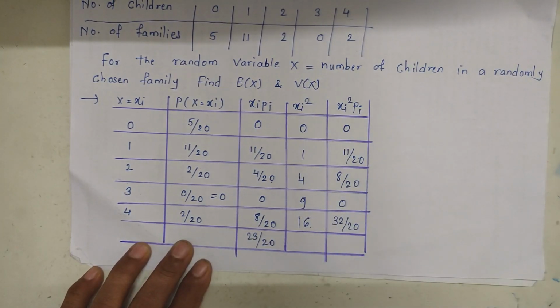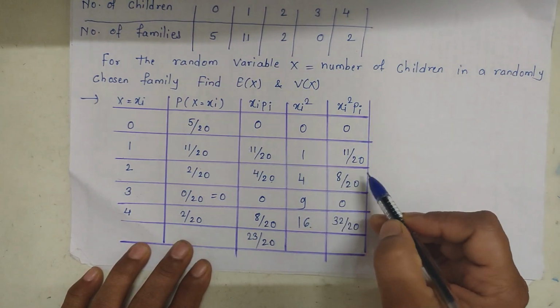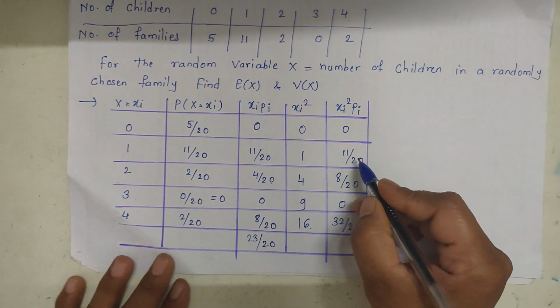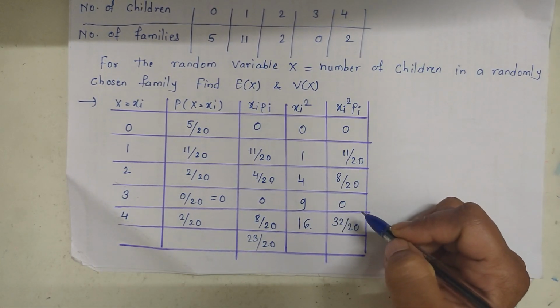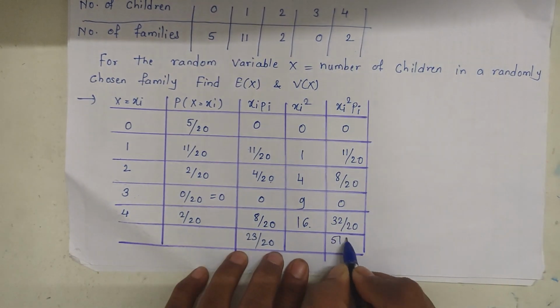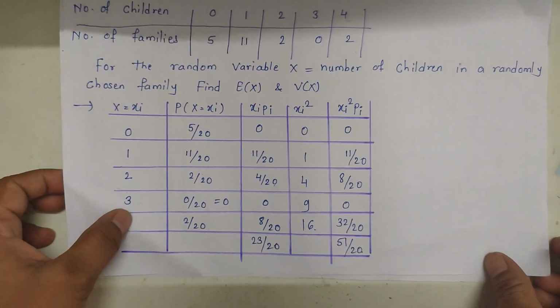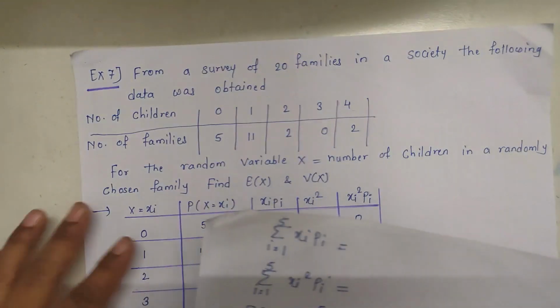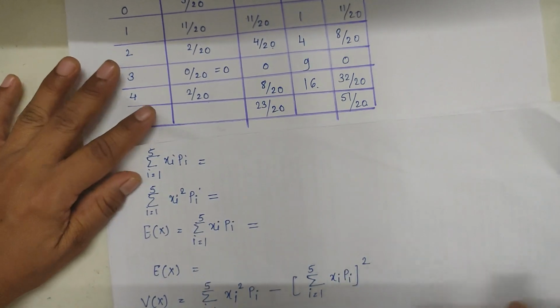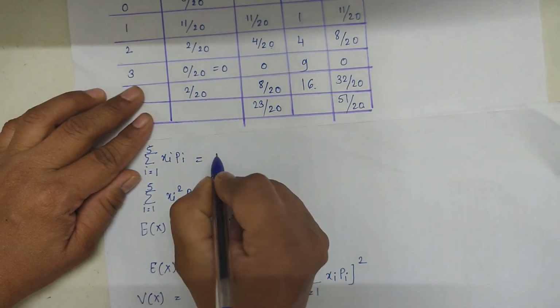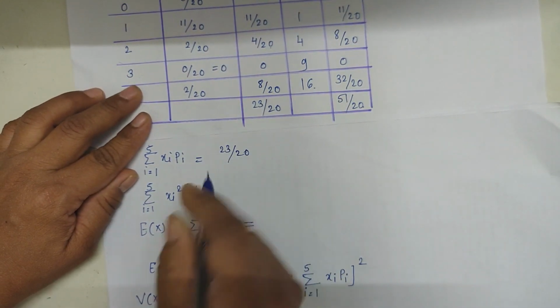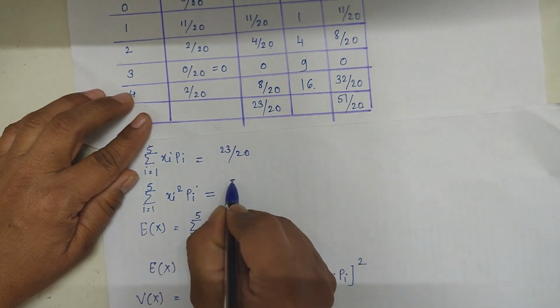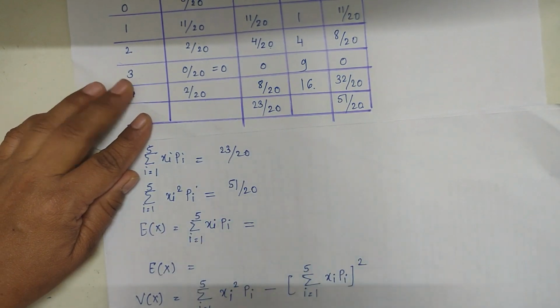Now xi square pi is 11 by 20 plus 8 by 20, 19 by 20, plus 32 by 20, 51 by 20. So here summation of xi pi is equal to 23 by 20 and summation xi square pi is equal to 51 by 20.